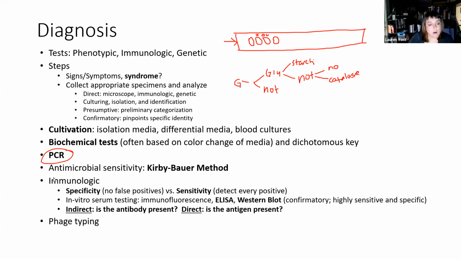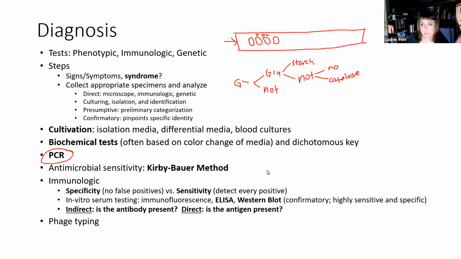Moving on. So immunologic tests that we can have. This includes things like ELISA, but our immunologic tests, some of them might be more specific, which means that we would have no false positives associated with that, because they're only going to interact with the positive and not with just a random molecule, versus sensitive, which means that we will detect every positive, but you might sometimes have a false positive, but you'll definitely catch the positives.